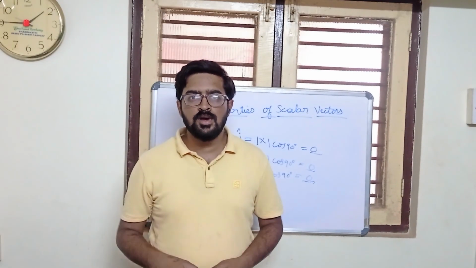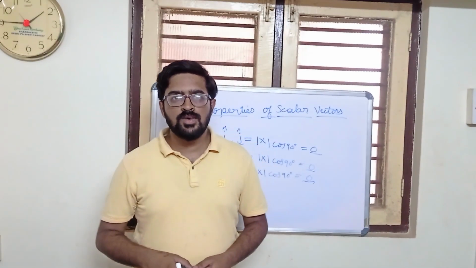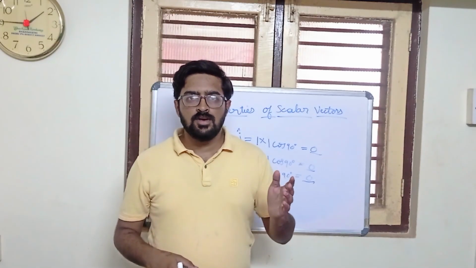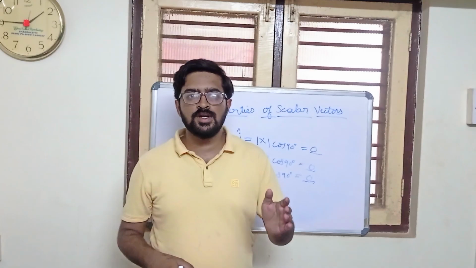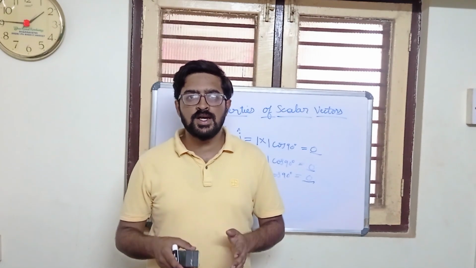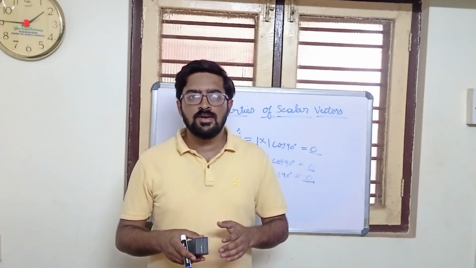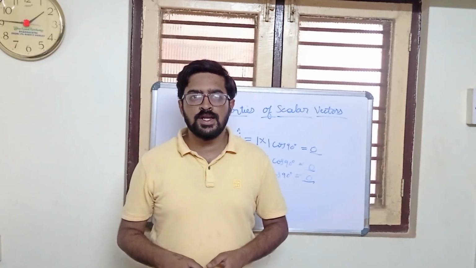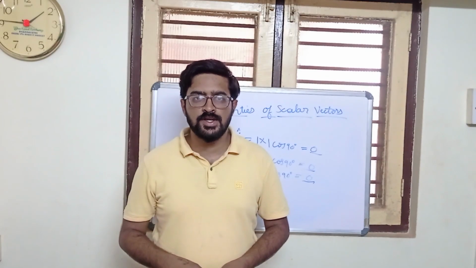This was about today's video. We covered an example of a plane which describes the intercorrelation of work, energy and power. We have seen scalars, vectors, scalar multiplication, vector multiplication, and properties of scalar product.